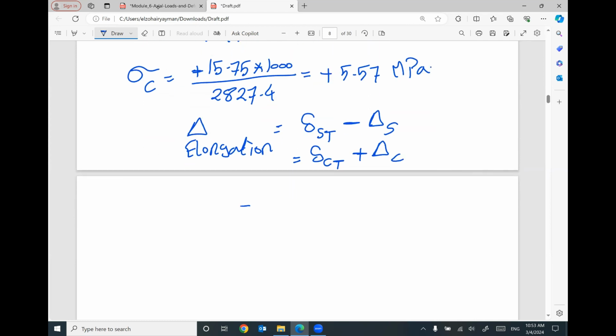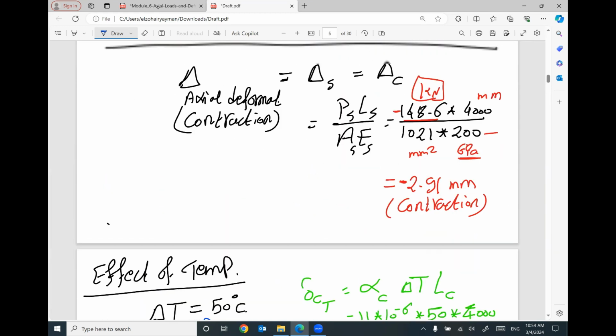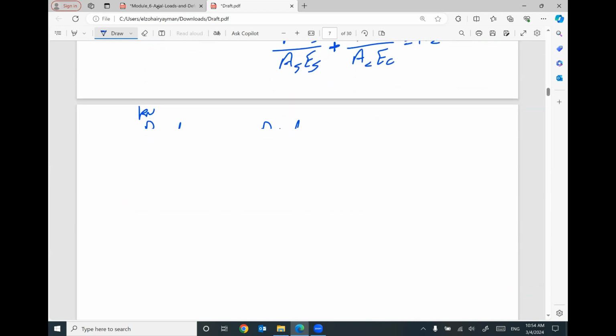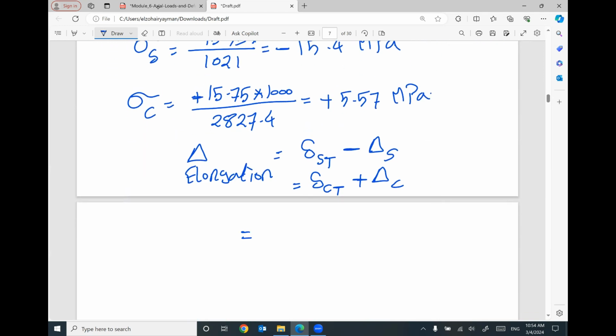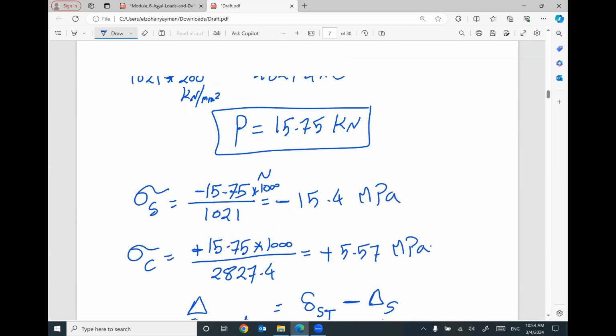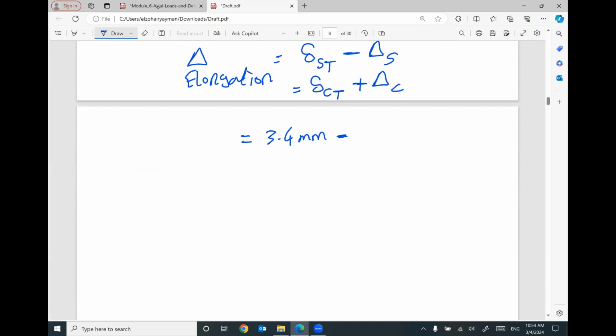So let's do the steel. The free elongation of steel was 3.4 millimeter, minus the delta in steel. Delta in steel is P L steel divided by A steel, E steel; it is just P because we don't have P steel and P concrete.